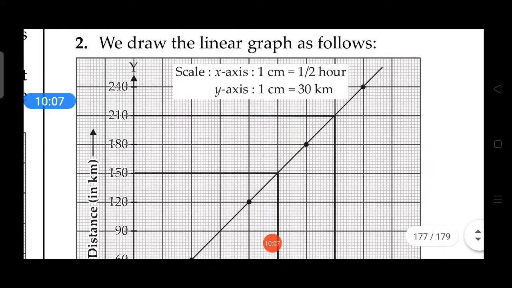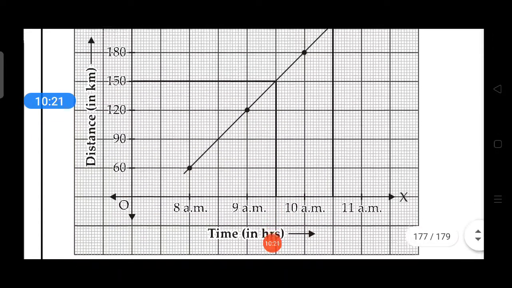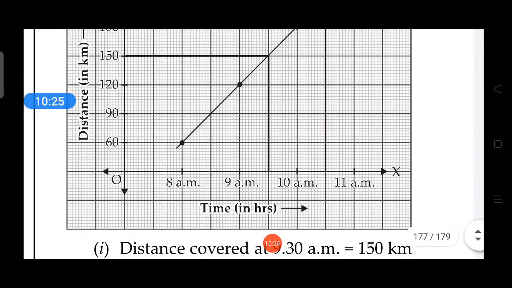Now question number 2. Draw a graph of distance traveled by a car with the given data. So this is a graph of distance versus time, and it will be a linear graph.